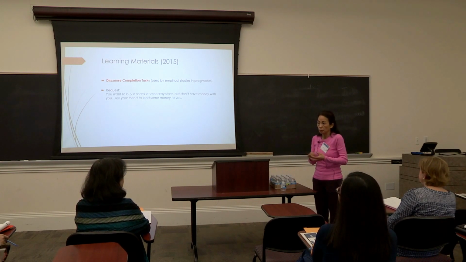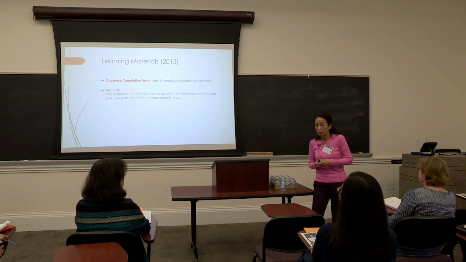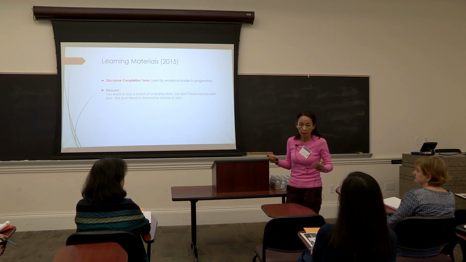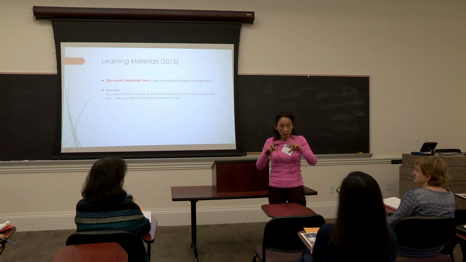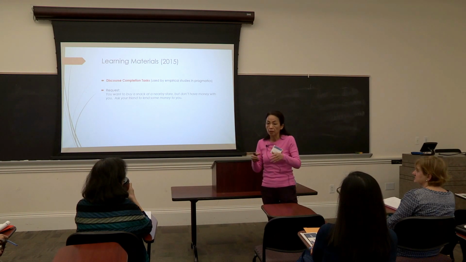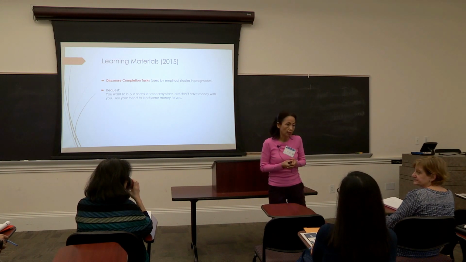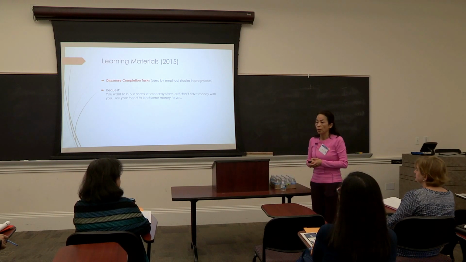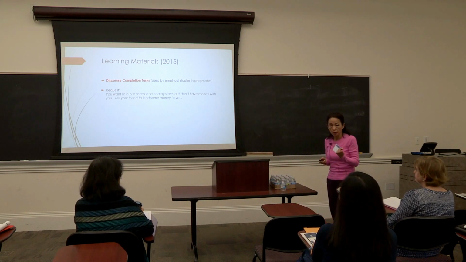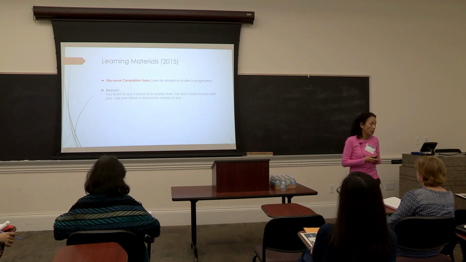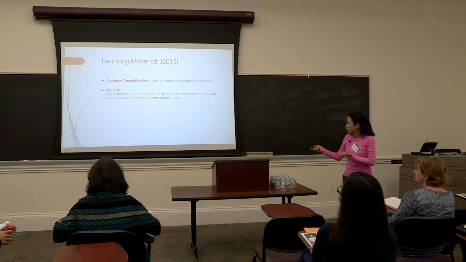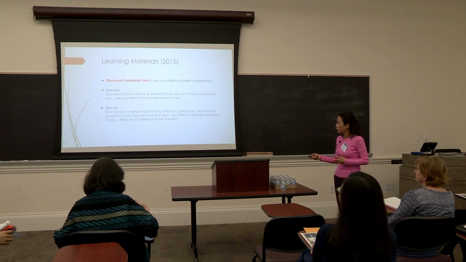Then see what native speakers say. We'll say, oh, can you lend me some money? I forgot my money and I will pay you back later. And then record it and it becomes the response data. I use a lot of this in my teaching material, either from the studies or recorded from native speakers. And same for refusal.